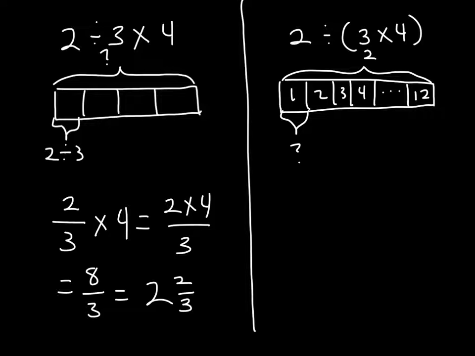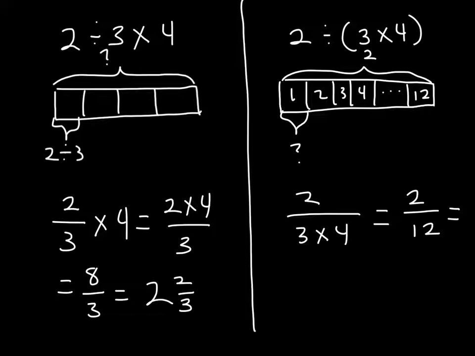The second expression, 2 divided by 3 times 4, we can write as 2 over 3 times 4, because this is the same as 2 divided by 3 times 4. And then we're going to figure out what 3 times 4 is, which of course is 12. 2 divided by 12.